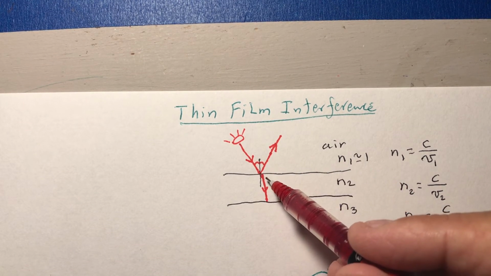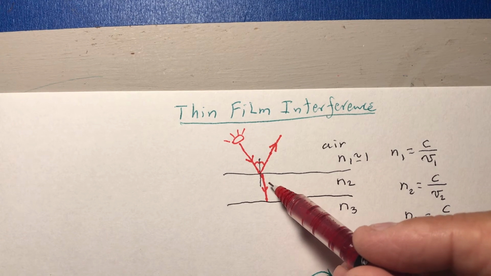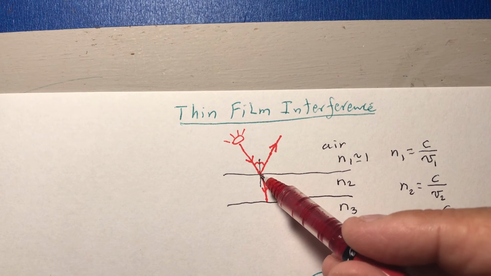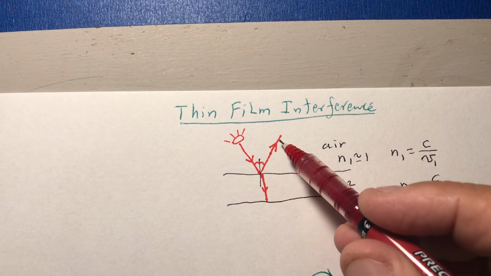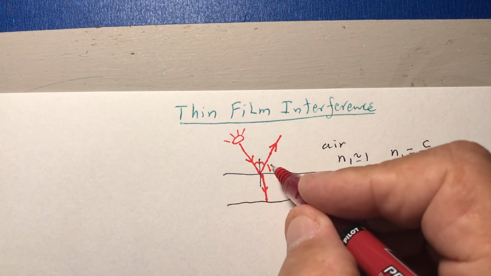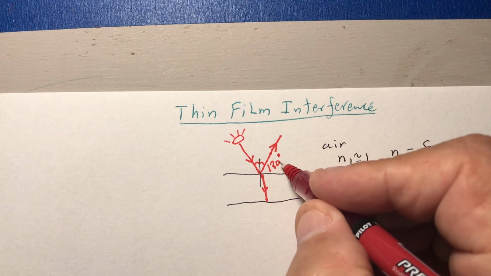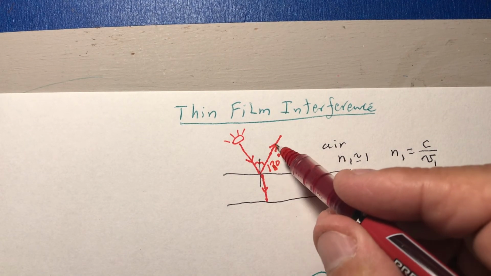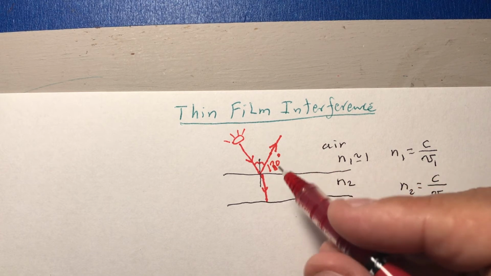So since the index of N2 is higher than N1, it's like the light gets fixed somewhat at that point, and then it reflects with the shift. So here, in reflection, we have a 180 degrees shift. Now, this reflected light got shifted by 180.